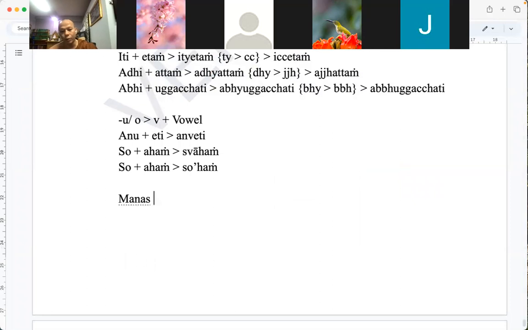When this group joins with another word, like Manas and Winyana, at that time the S is changed to O, within the compound word. So we have Mano Winyana in this way.